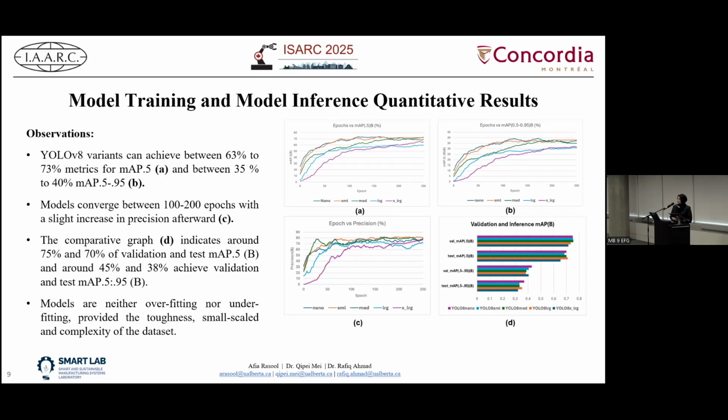So at the time of validation and testing, the mean average precision 50 was around 75%, and the mean average precision 50 to 95 was around 45%. So all of these specifications let us know that we tried our best to not let the model overfit or underfit, given that our dataset was quite small and the defects were quite tough.